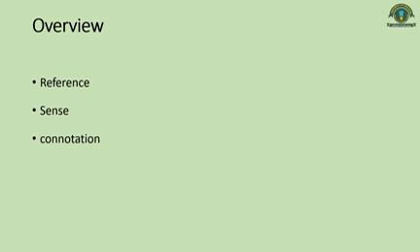Consequently, connotations vary. They are not similar. They vary according to the experience of the individuals. So in this session, we have discussed the concepts of reference, sense, and denotation.